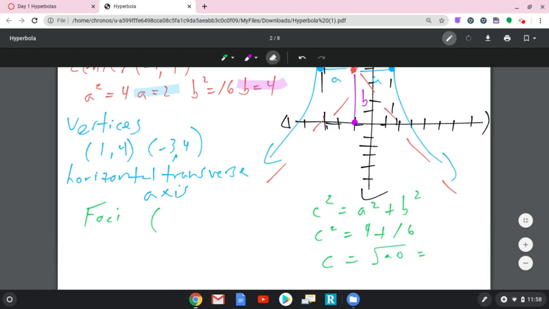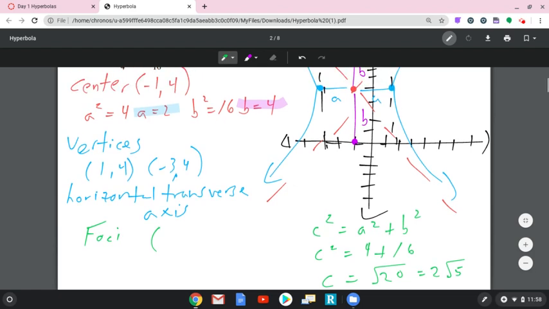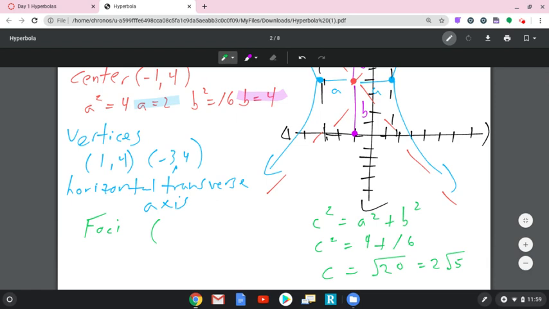A perfect square factor of 20 would be 4. So it's 2 root 5. So we add this value to the x value of our center because it's side to side. So your foci are going to be (-1 plus 2 root 5, 4) and (-1 minus 2 root 5, 4). These are my two foci, foci 1, foci 2.